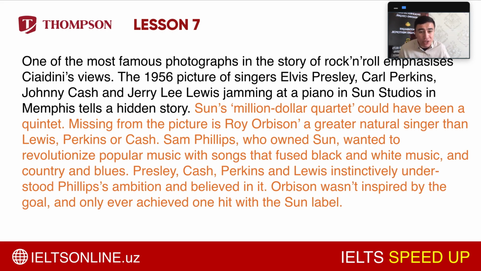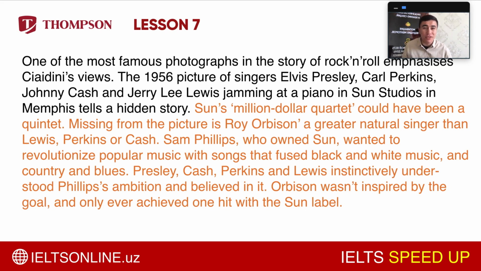Presley, Cash, Perkins, and Lewis instinctively understood Phillips' ambition and believed in it. Orbison was not inspired by the goal and only ever achieved one hit with the Sun label.